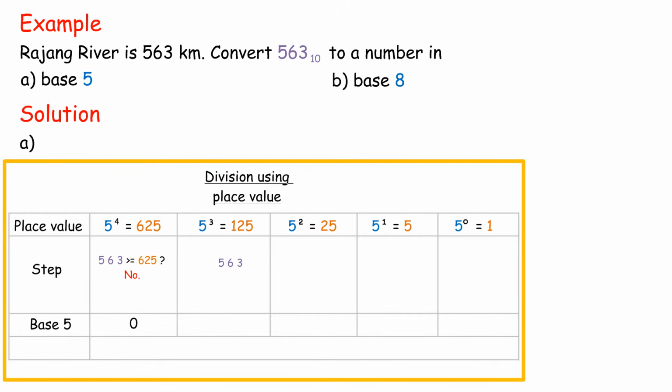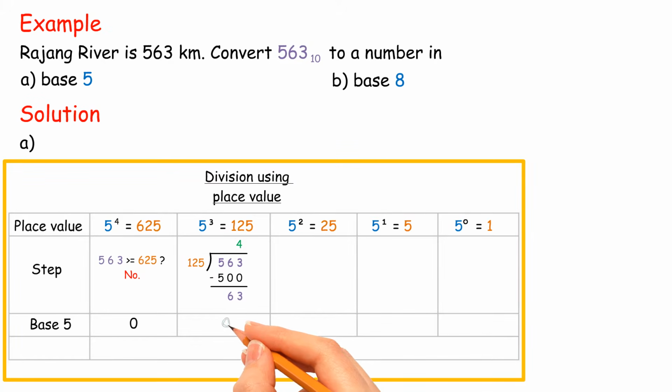Then, is 563 greater or equal to 125? Yes. Thus, 563 divided by 125, 4 times 125 equals 500. 563 minus 500 will get 63. Thus, write down 4 in base 5, and carry 63 to the next process.